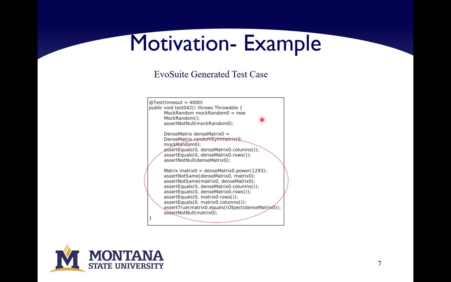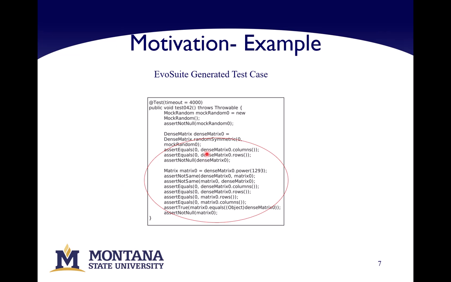In this example, we have used the power method from the LA4j class. This power method powers the given matrix and returns the powered matrix. To generate the test case, we used the Randoop tool.